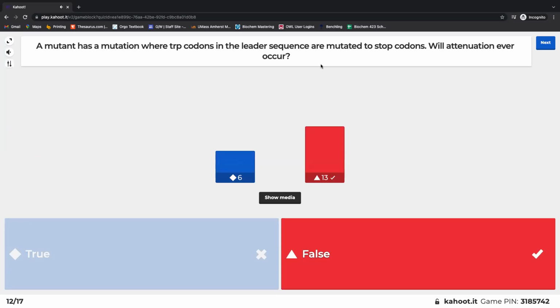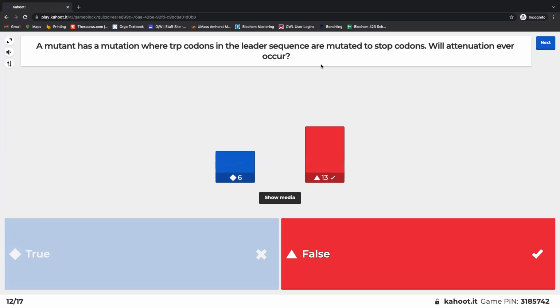That's pretty good, right? Attenuation occurs because the ribosome stalls on the leader sequence. And this stalling, oh, right, it doesn't stall. Right, attenuation occurs because it does not stall on the leader sequence. And so what occurs is your ribosome is blocking region 2, and hairpins 3 and 4 form.